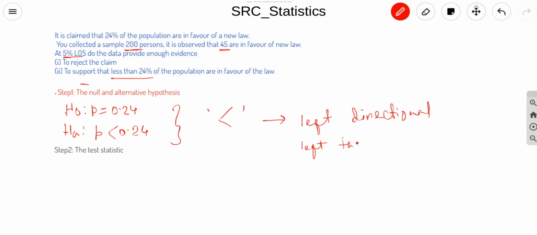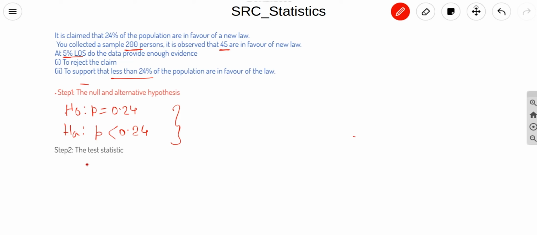If the alternative hypothesis has a greater than sign, then it is a right tail test. So these are one tail tests. And whatever we have done in part 1 is a two tail test, where the alternative hypothesis was two directional, with a not equal to sign.